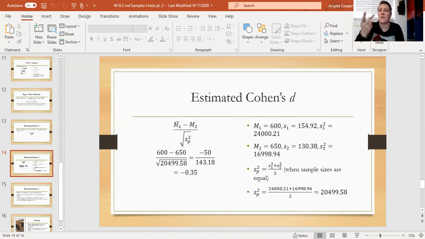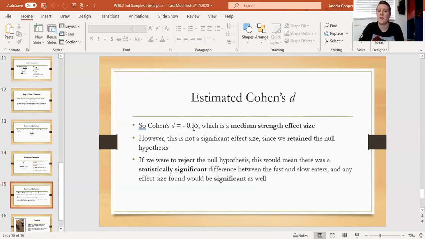And if I would have just flipped it, it would have been 650 minus 600, and that would have given me a positive Cohen's d. But it's still the same thing. It's still a medium effect size. Cohen's d is the only one where the sign, the positive or negative, doesn't really tell you much, other than, oh, the big one came first, or oh, the big one came last. That's really what it's telling you. Okay, now that I've ranted.